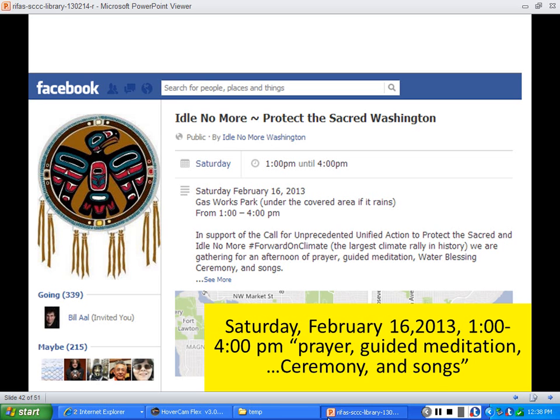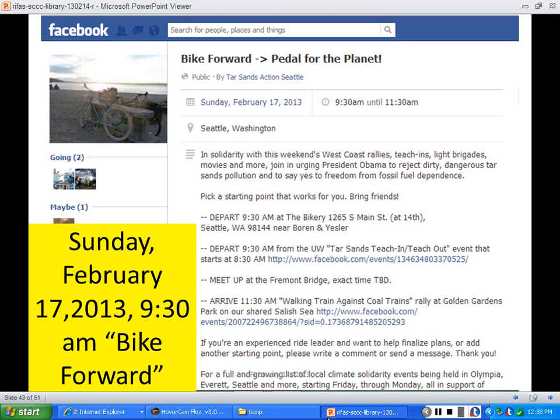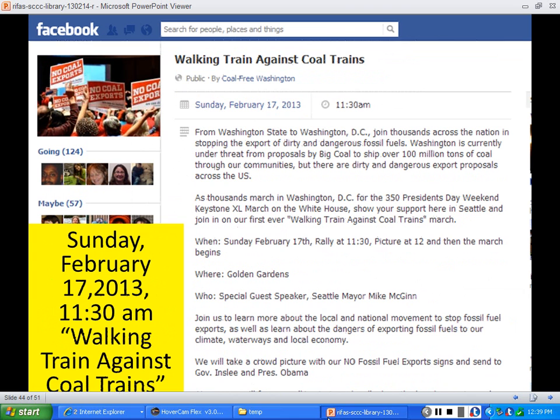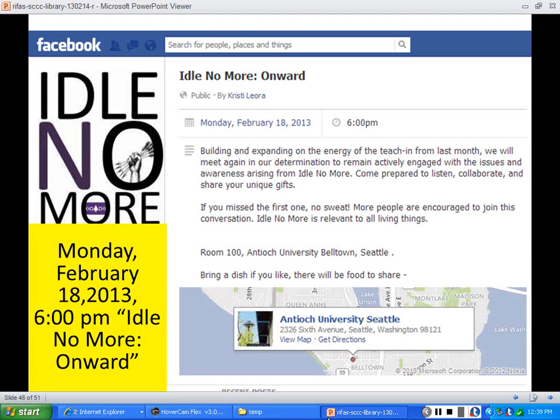On Saturday there's going to be a prayer-guided meditation ceremony and songs to support the climate rally going on in Washington, D.C. And then there's going to be a bunch of bicyclists getting together in a thing called Bike Forward, which is also to support clean energy, rejecting dirty, dangerous tar sands. And then on Sunday, there's a teach-in at the University of Washington, and there's a walking train against coal trains, kind of a demonstration coming up. And on Monday, there's Idle No More Onward, they're having another meeting.